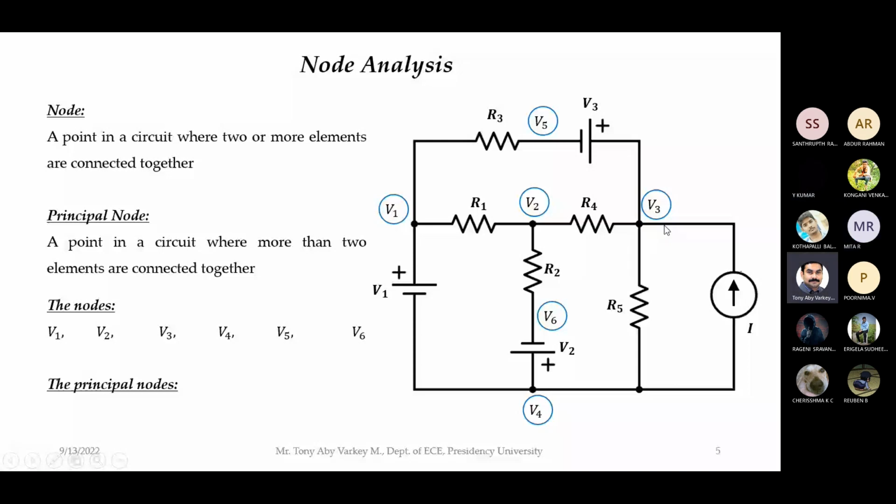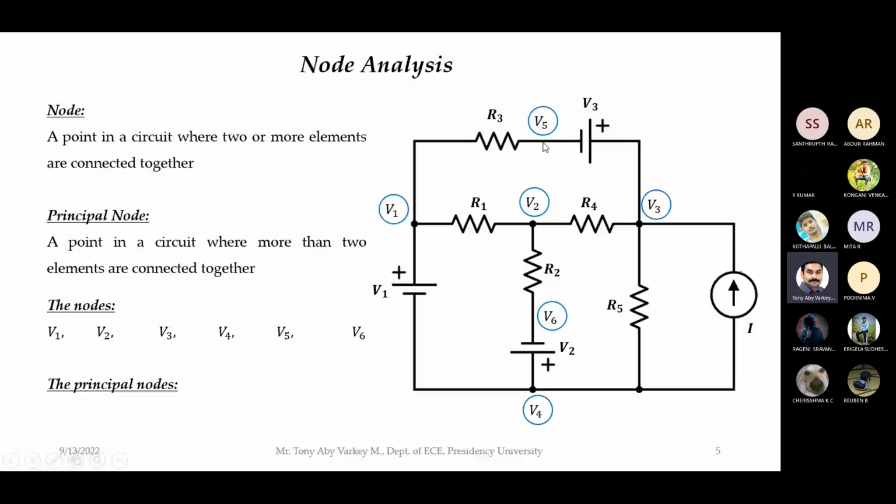Now V1, is it a principal node? How many elements are connected at this point? 3. So is it a principal node or not? It is. It is a principal node. Now V5, is it a principal node? How many elements are connected here? 2.